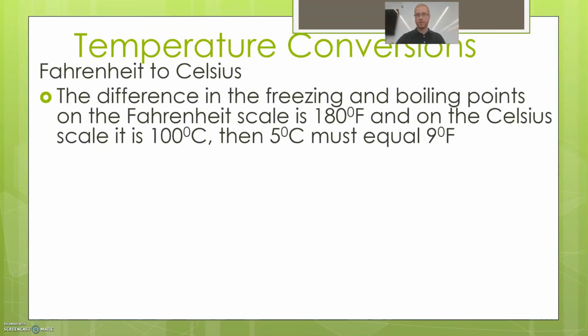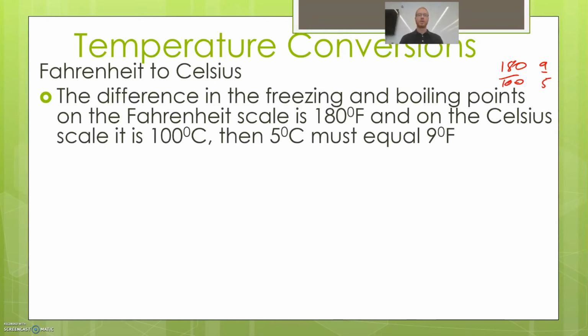Okay, so if we take 180 over 100 and simplify that, we get 9/5. You can take a 20 out of both of those. Okay, so what that means is 5 degrees Celsius is the same change as 9 degrees Fahrenheit, and that is an exact change. All right.